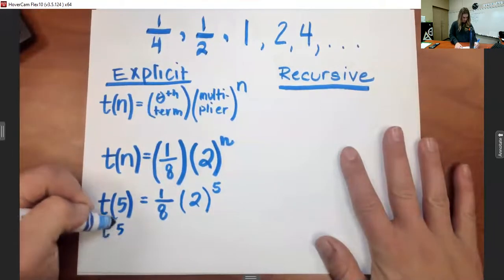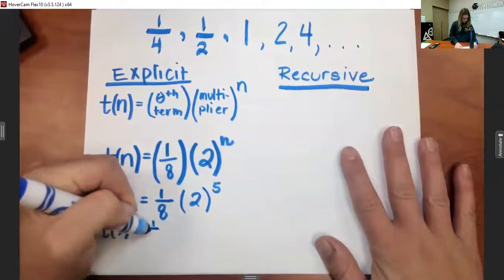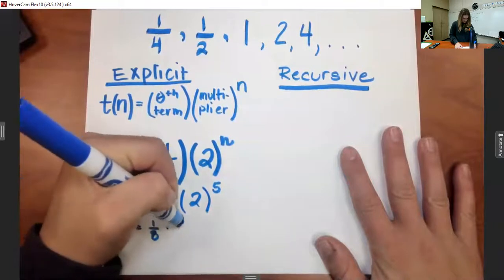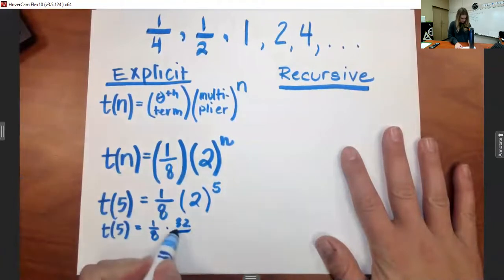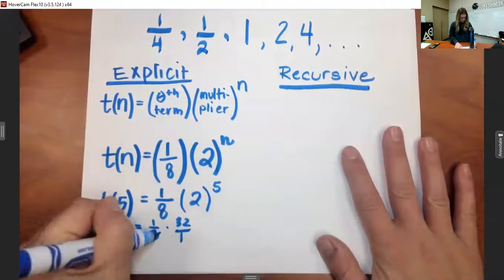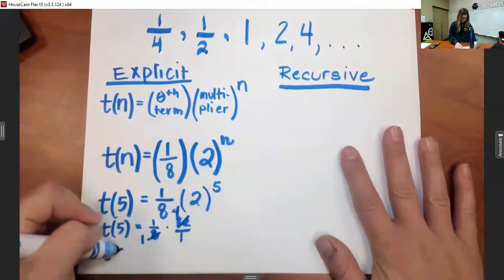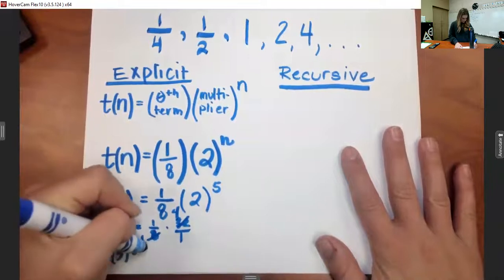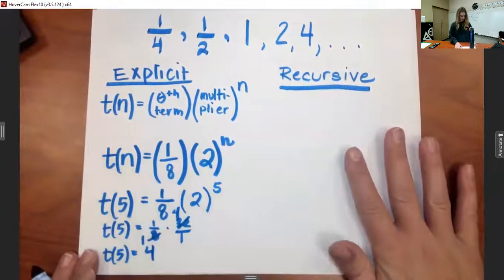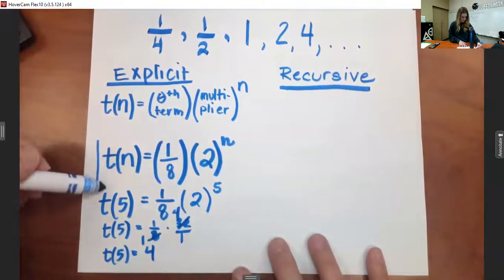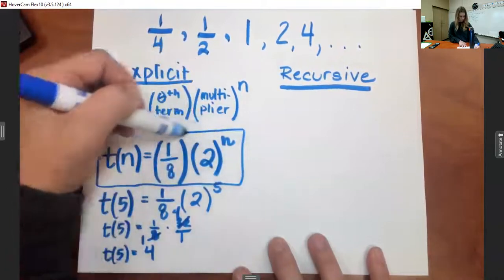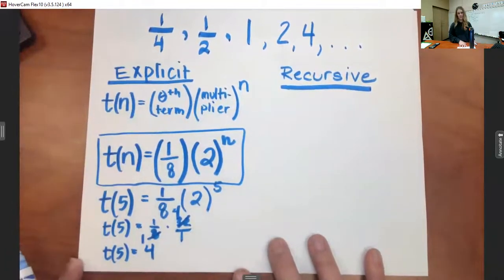So T of 5 equals 1/8 times 32. I'm going to put 32 over 1. I can cross simplify, and I get T of 5 equals 4. So that equation works. All right, so this is the explicit, and I was just checking my work here to make sure it works.